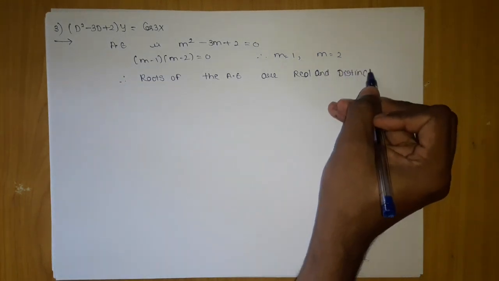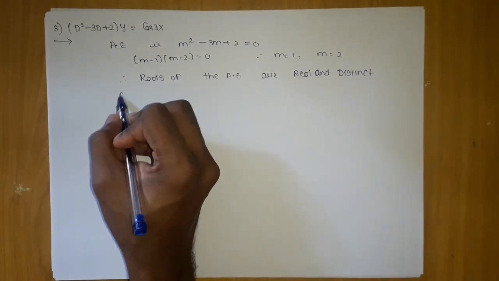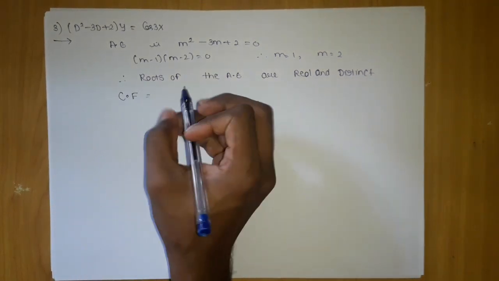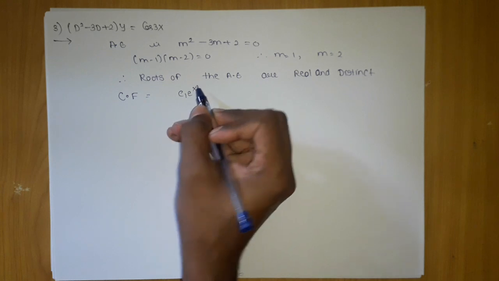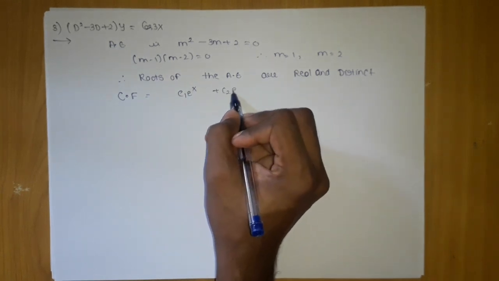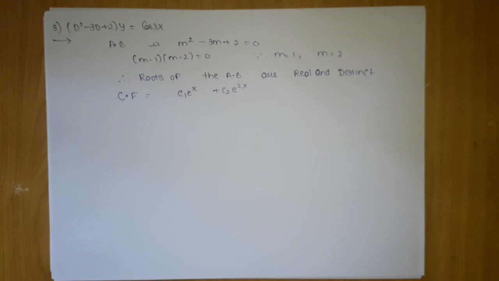Now we can write the complementary function CF, which will be C1 e^x + C2 e^(2x). So we got the complementary function.